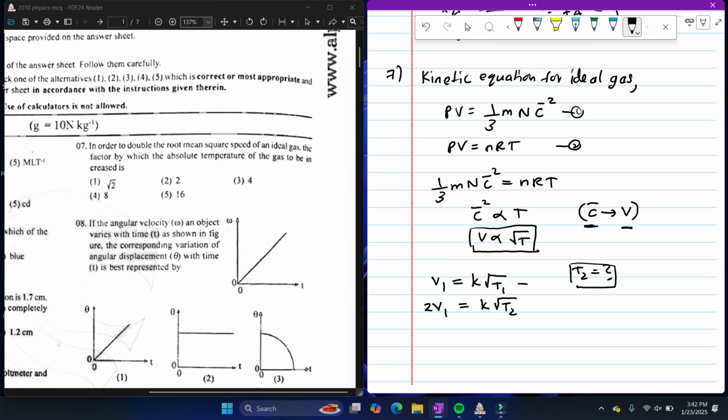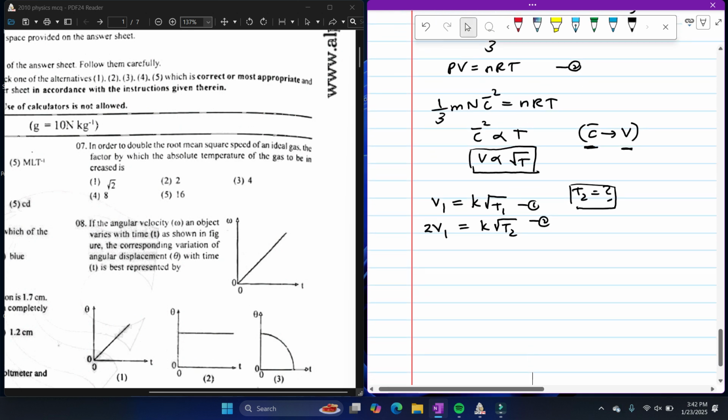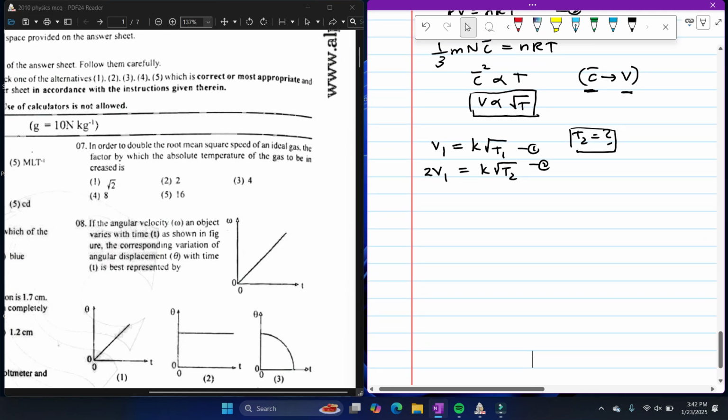So again these are two particular equations, and we'll divide 2 by 1 so that we can directly subject T2. 2 divided by 1 is 2V1 divided by V1. Avoid K because it will get cancelled off during the simplification. So T2 root divided by T1 root.